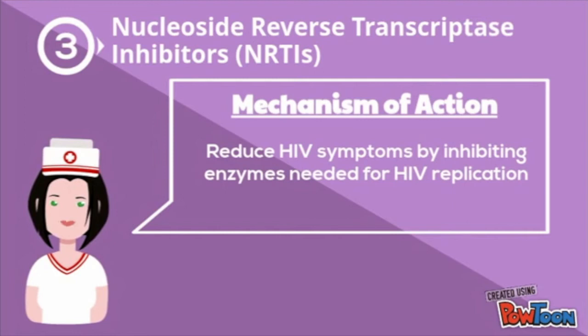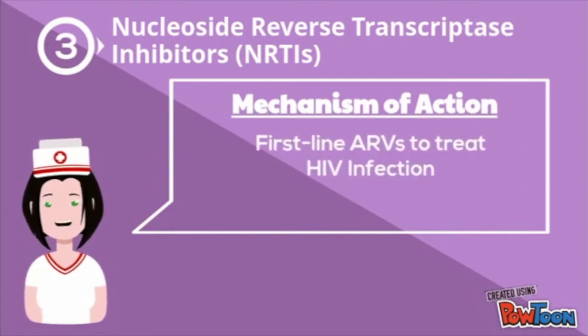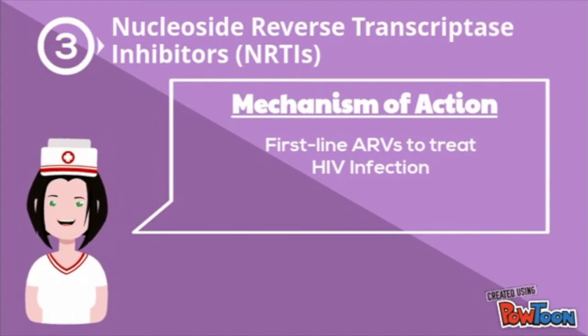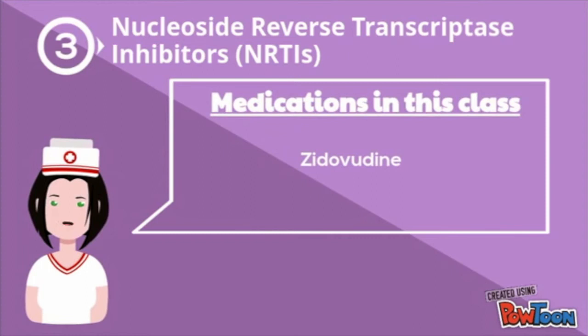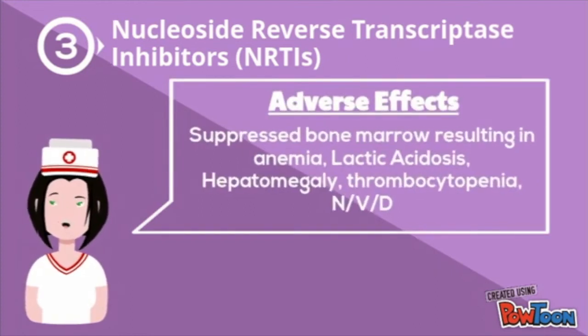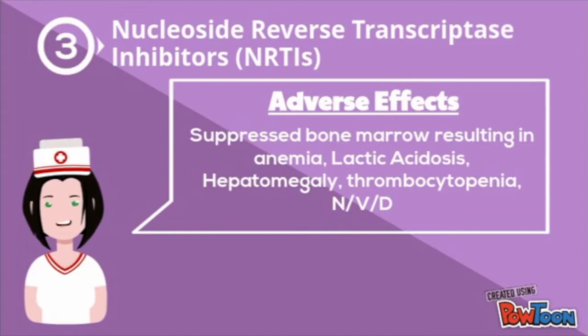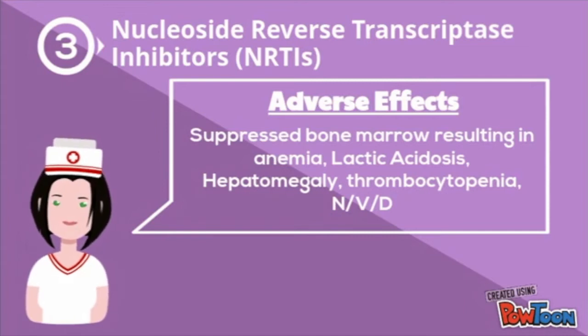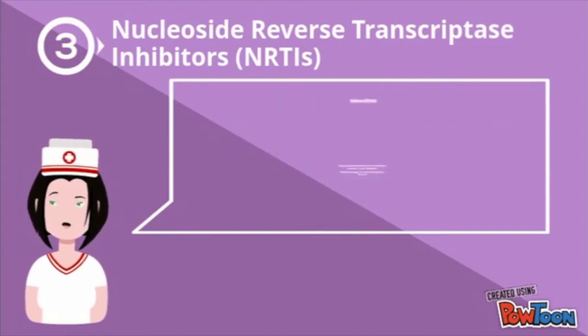NRTIs reduce HIV symptoms by inhibiting enzymes needed for HIV replication. They are the first-line ARVs to treat HIV infection. Zidovudine is a medication in this class. Adverse effects include suppressed bone marrow resulting in anemia, lactic acidosis, hepatomegaly, thrombocytopenia, nausea, vomiting, and diarrhea.